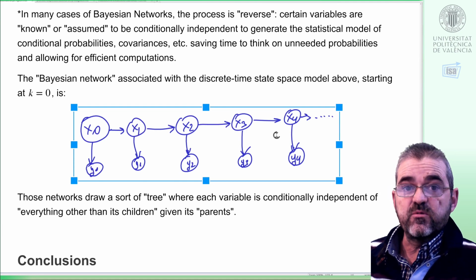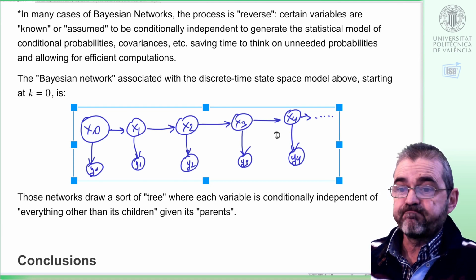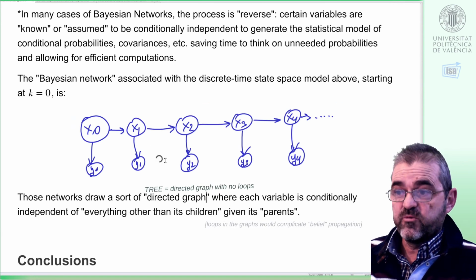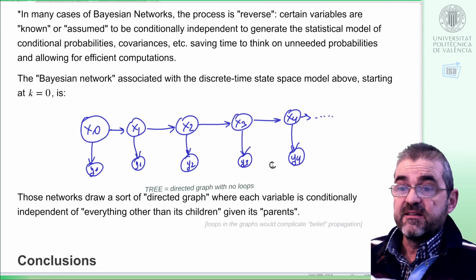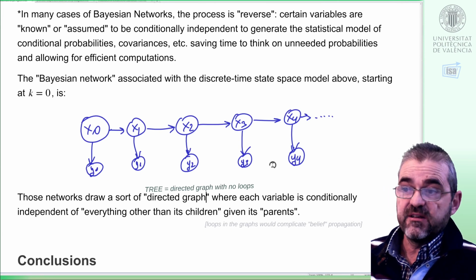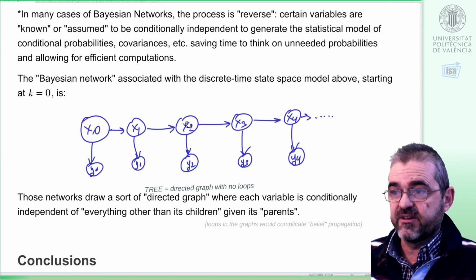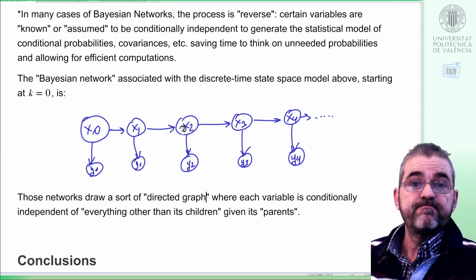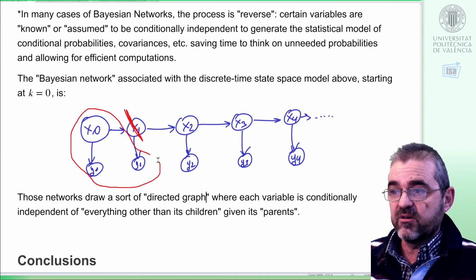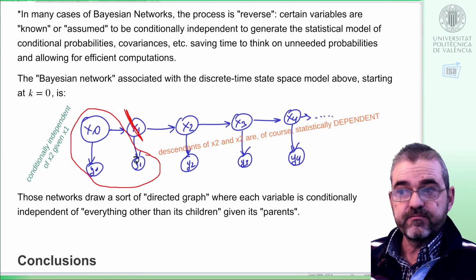And so these Bayesian networks are graphs, a tree structure sort of, in which the arrows indicate that each variable is conditionally independent of everything other than its children, given its parents. So for instance, x2, once I give x1, is conditionally independent of all this stuff.